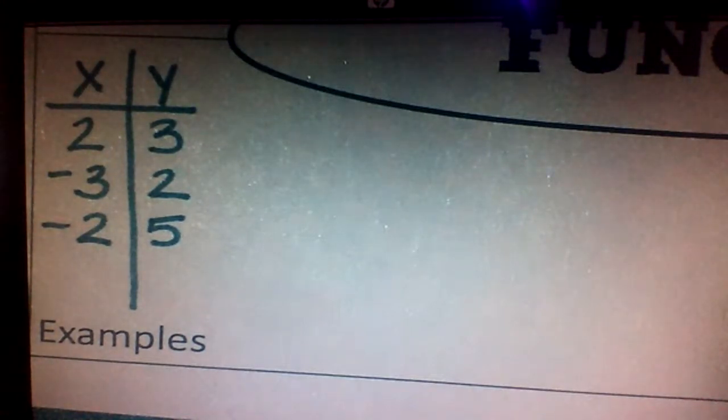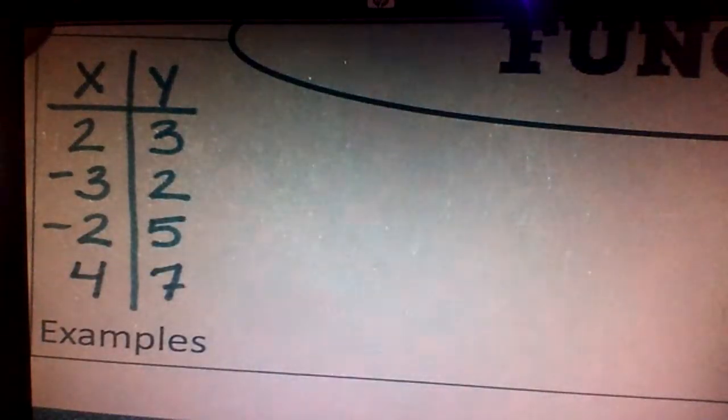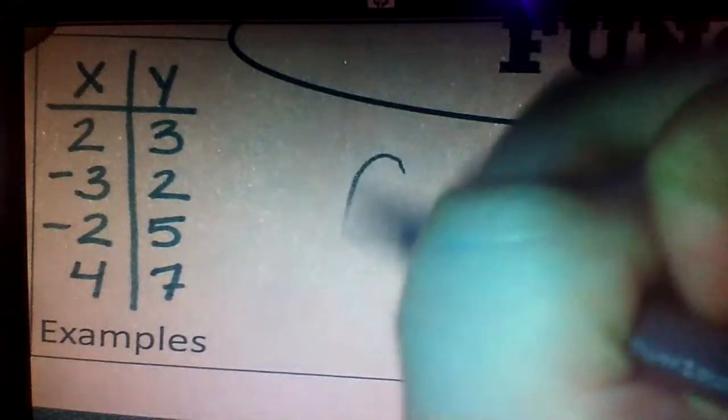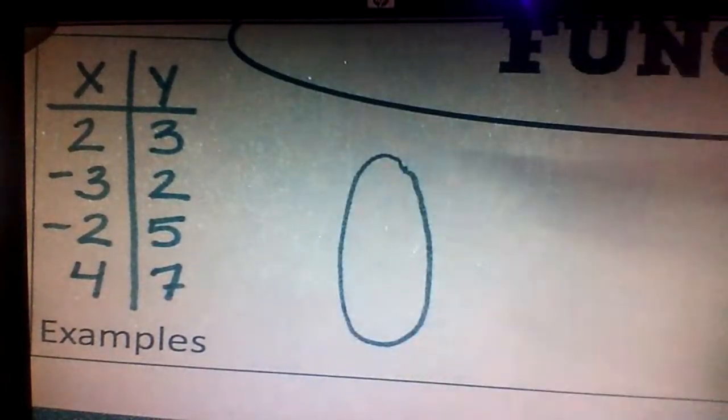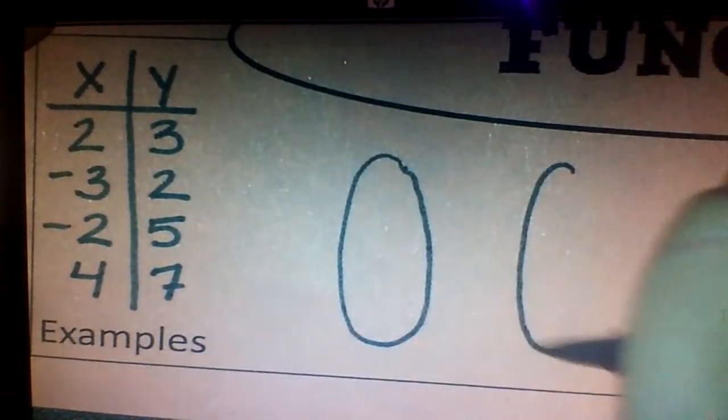So it's okay for +2 to be in a relationship with 3 and -2 to be in a relationship with 5. Okay. 4 can be in a relationship with 7. All these relationships are getting on your nerves.